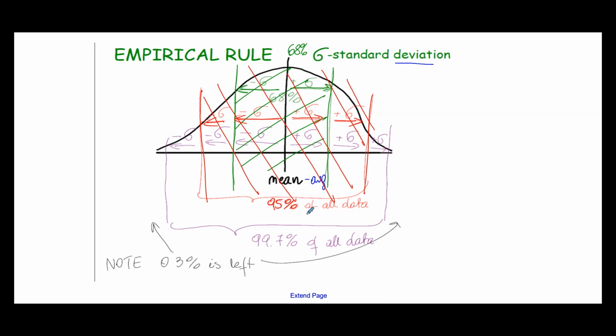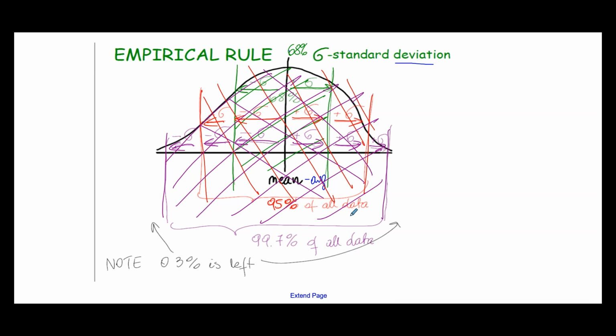And then we have one more to go. Once we go three standard deviations minus and three standard deviations plus from the mean, all of that, which is getting really busy here, is 99.7%, so almost 100%.